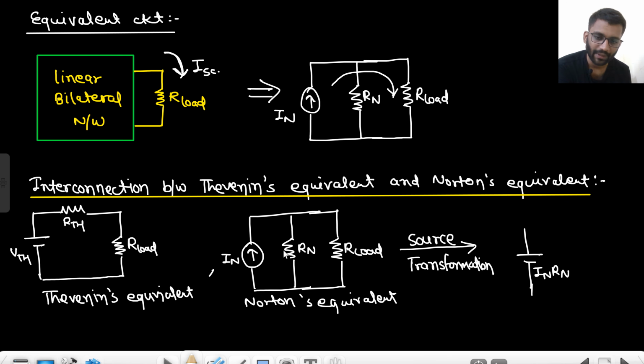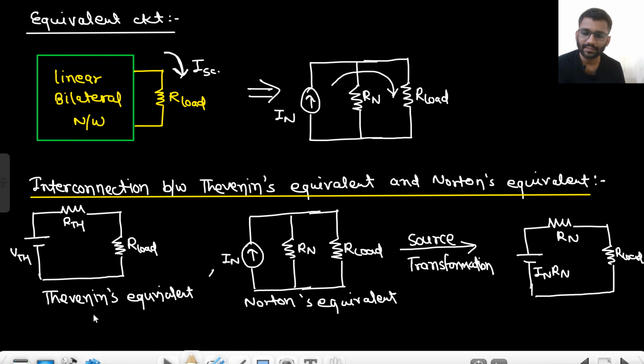And this parallel resistance will come in series. And this R load will remain as it is. Let's just call this one circuit A, this one circuit B, and this one circuit C.